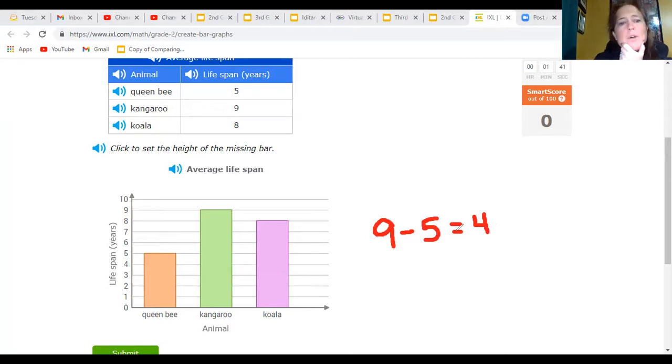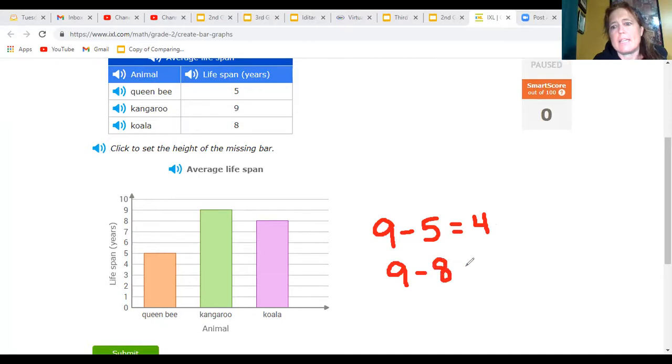Okay, so another question that we could have is how many years less does a koala live than a kangaroo? So again, we would have 9, which is the average lifespan of a kangaroo, minus 8, and that equals 1. So both of these questions could be answered by looking at our bar graph data.